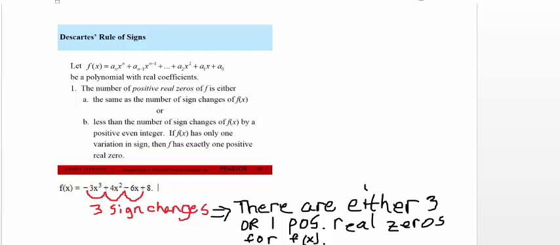And so that would mean in this case 3 or 3 minus 2, which is 1 positive real zero for the function.